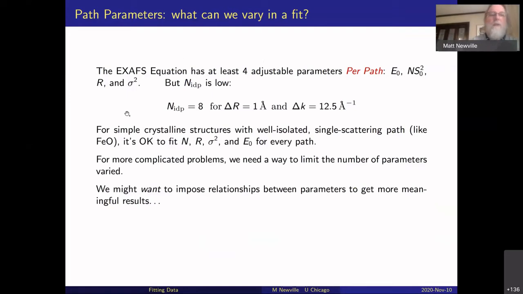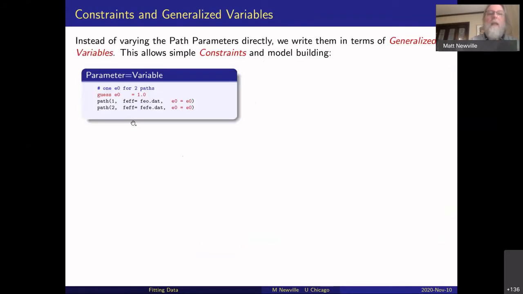You may also say that you know something about the distances that are related. In all these programs, there are ways to say that the path parameters that actually vary to control what R is for each path are written in terms of generalized variables, which allows a simple system of constraints.